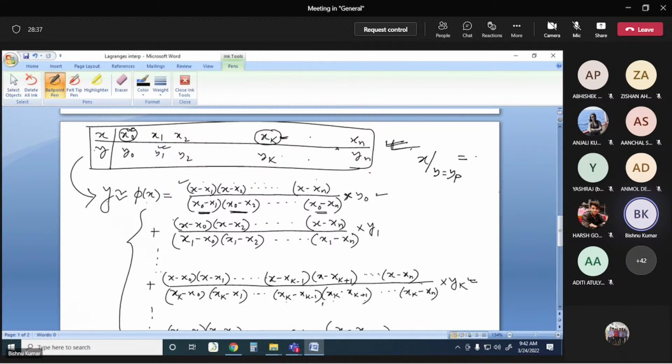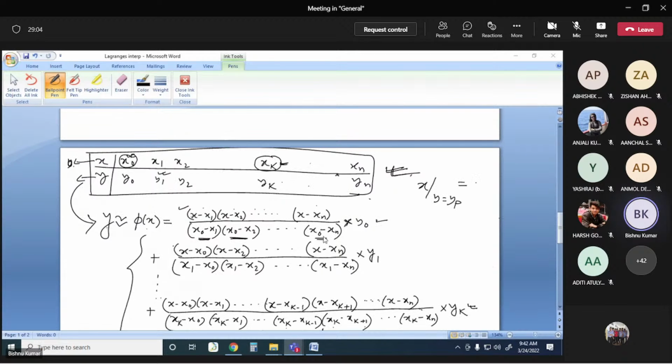So that time this value you will consider x and this value you will consider y. Okay. And you just write down x equals to function of y. By replacing x by y, you will get the inverse interpolation formula. So for these techniques, the inverse interpolation formula is able to be established. So that is the advantage. Advantage and disadvantage.